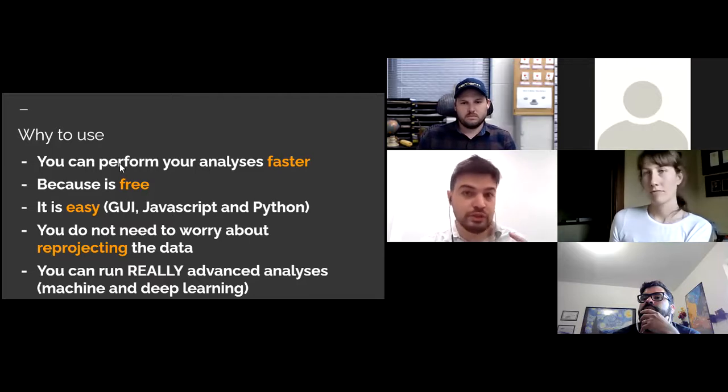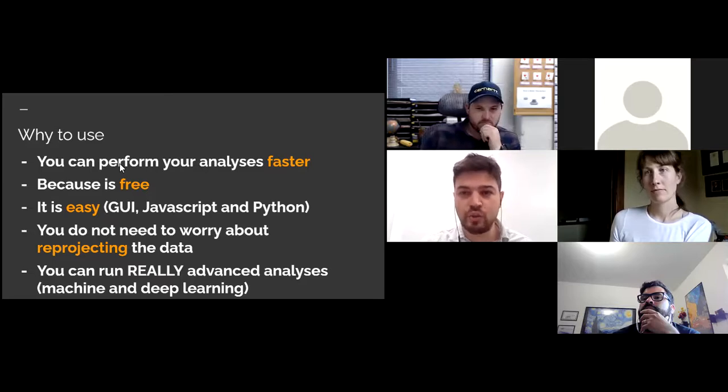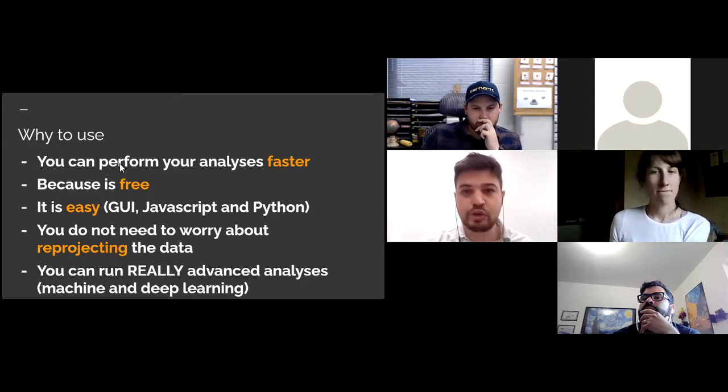But we can also run really complicated neural networks. You can connect with TensorFlow. It's really amazing what we can do with Google Earth Engine. I just bring it here for you to know that it's possible. If you are curious about exploring this, I really support you.